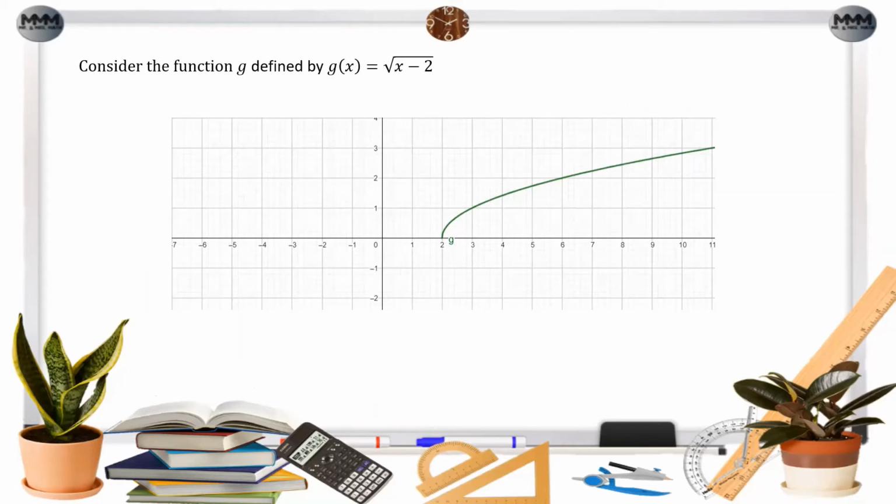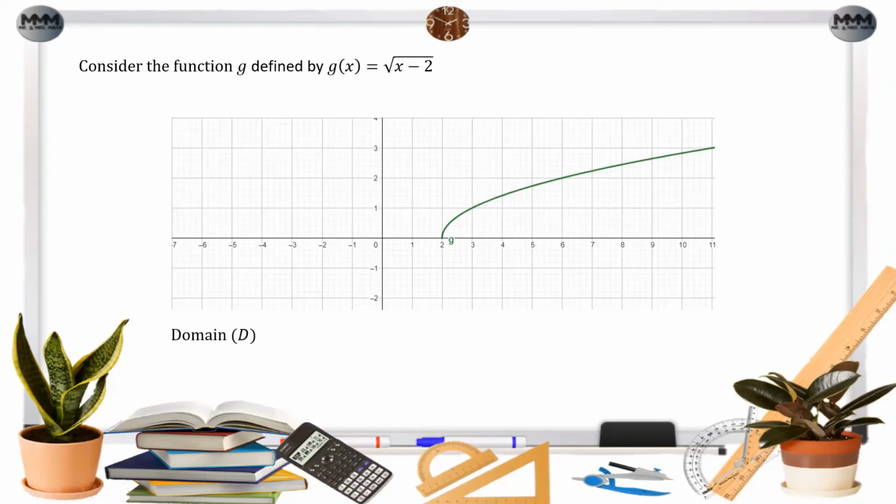To illustrate well the range and the domain of the function, I use here the graph, to locate where the domain and the range of the function are. For this function, the graph looks like this. As you noticed here, the green color is our graph of the function.